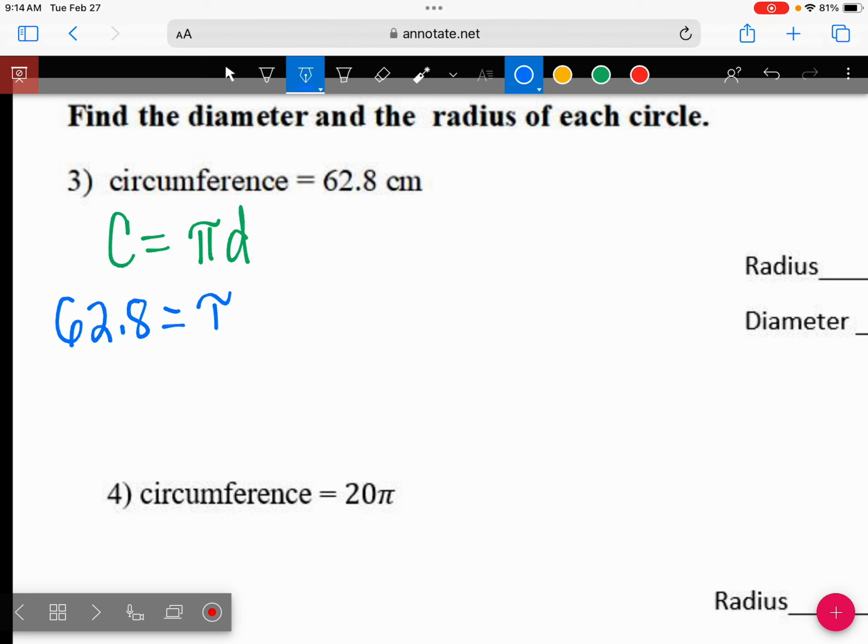That equals pi times your diameter. So what you need to remember, though, is that pi is a number.